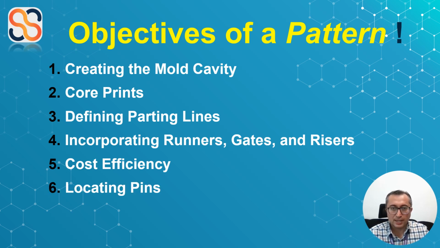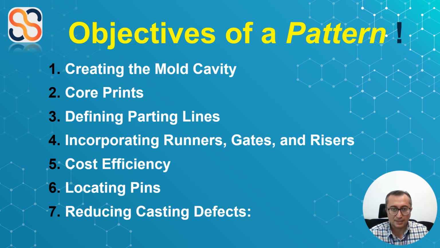Number six, locating pins. Patterns may also help set up locating pins in the mold, which are useful for checking the dimensions of casting. And finally, reducing casting defects. A properly made pattern with a smooth finish can help reduce defects in the casting.